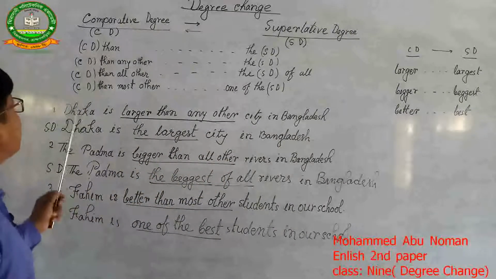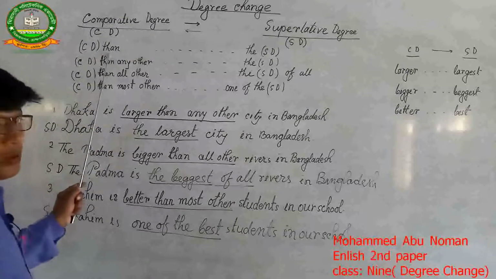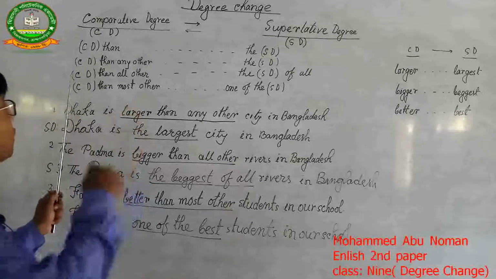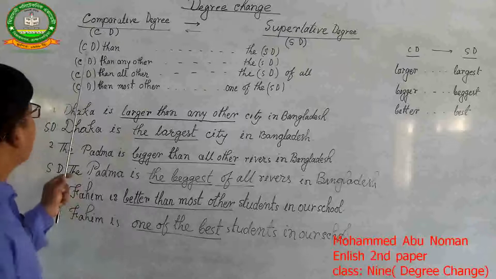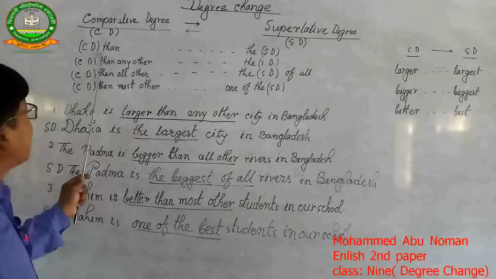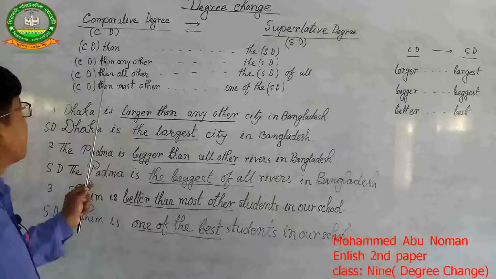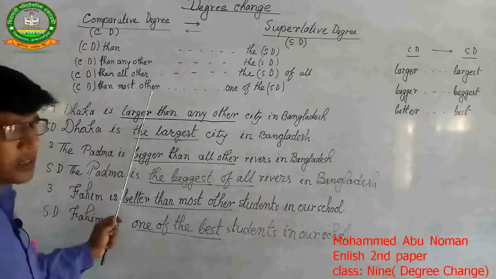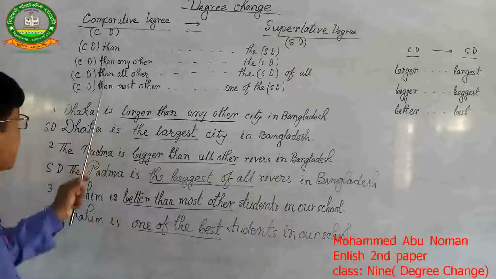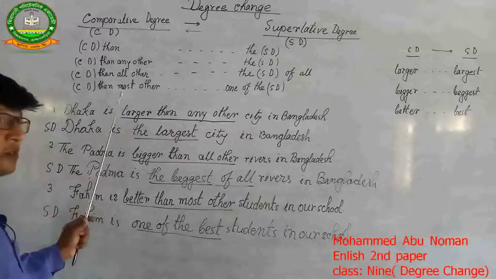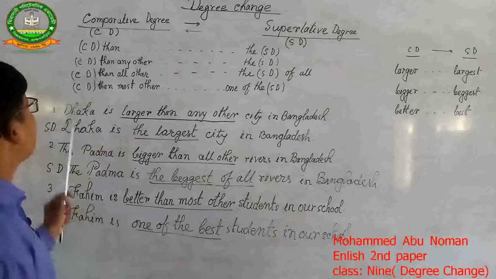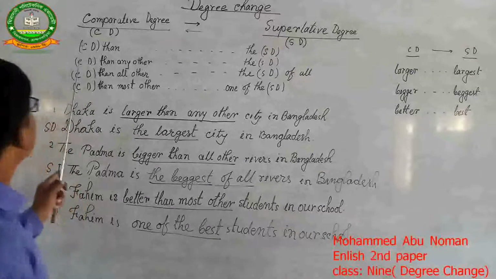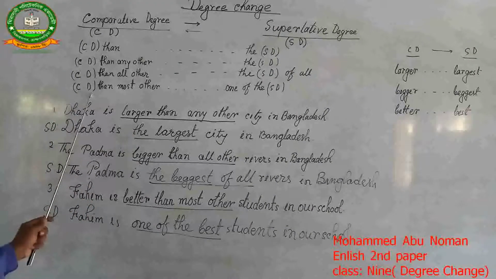The sign of the comparative degree is "than". When we find "than any other", "than all other", or "than most other" after a comparative form, you may identify it as a comparative degree.